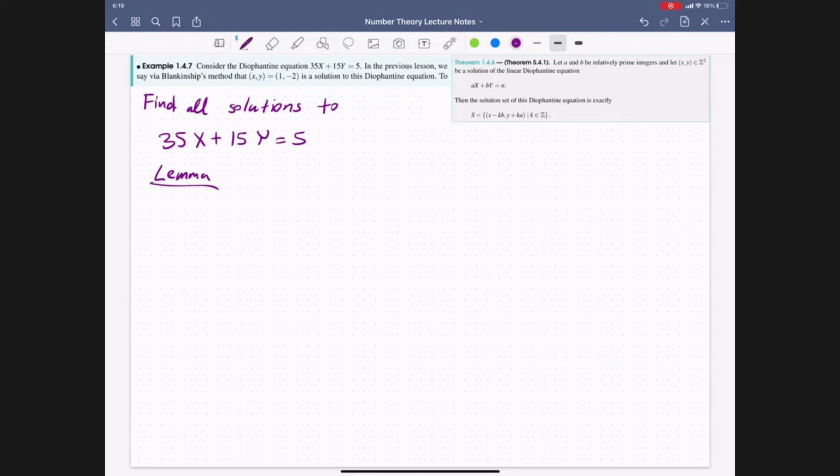So the statement is as follows. Let a and b be relatively prime.